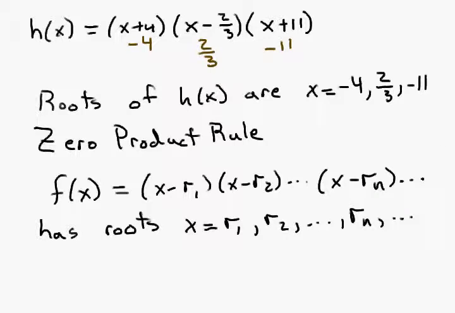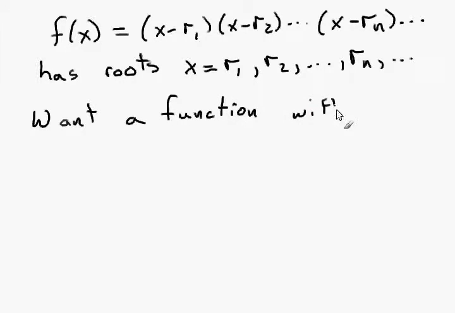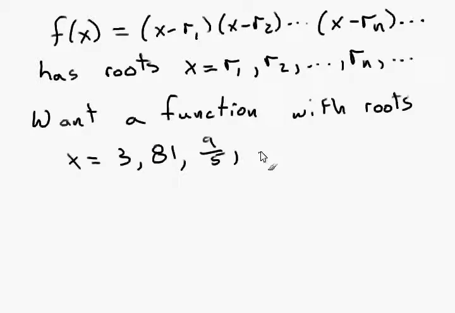So what we could do is we could say we want a function with roots x is equal to 3, 81, 9/5, minus pi, and we'll say e to the negative 11.